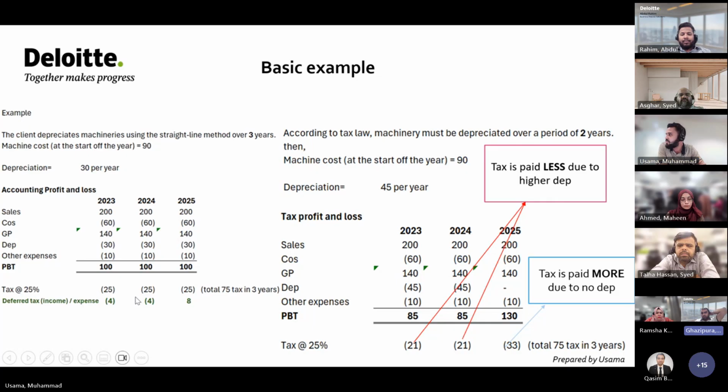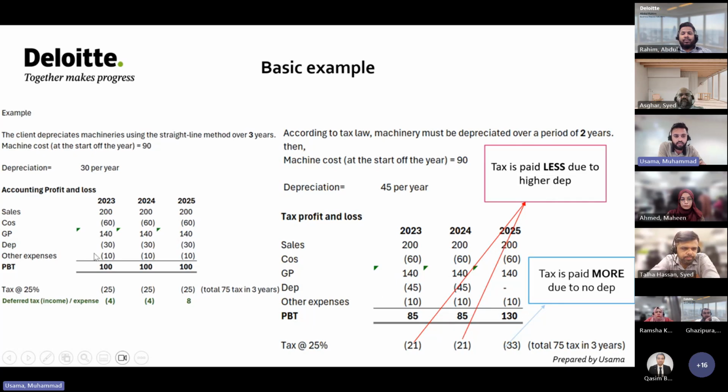I have one question over here. Sorry to interrupt. You mentioned the PBT of 85, and previously the PBT in 2023 is 100. Can you please explain in detail how this profit has changed? Yeah, sure. As you can see, the total P&L is the same except the depreciation.